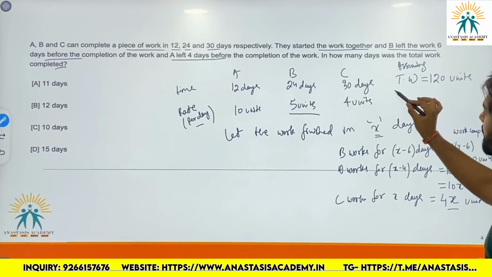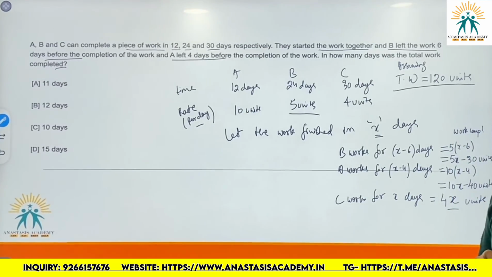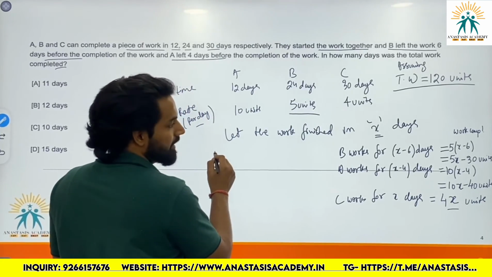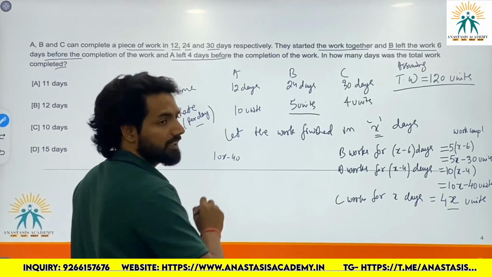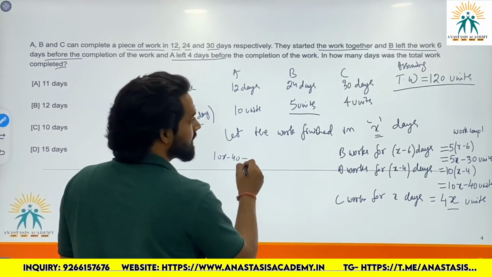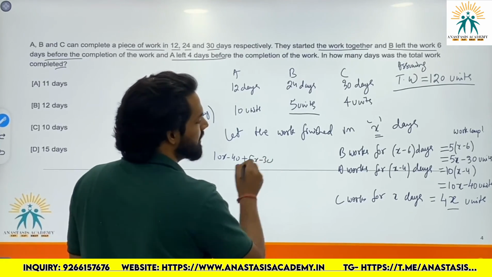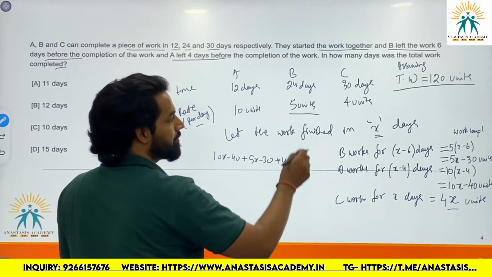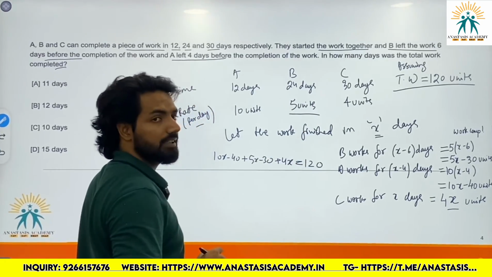Now the information is all on this board. I have assumed total work as 120 units and I have the work done by A, B and C. So the work done by A, B and C must add up to 120 units. A completes 10x minus 40 units, B completes 5x minus 30 units, and C completes 4x units, and this all must add up to 120 units.